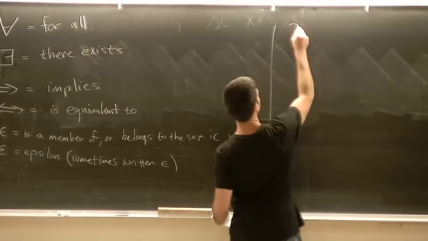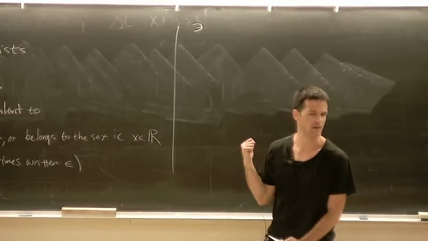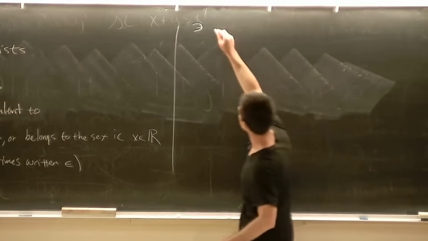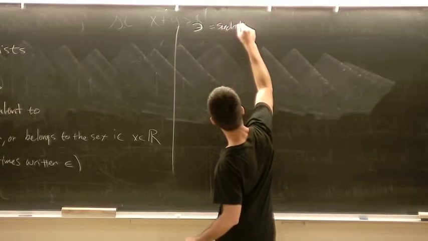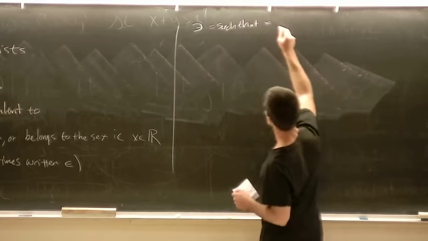What about if you see that symbol backwards? Anyone know this one? It's not that common, actually. This is "such that." And in fact, there's a few other symbols for such that we also use.